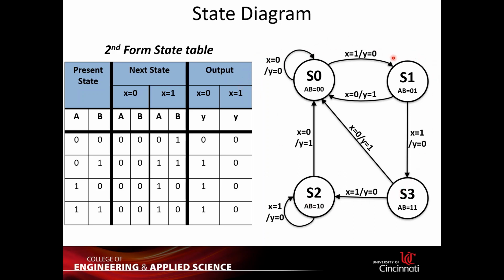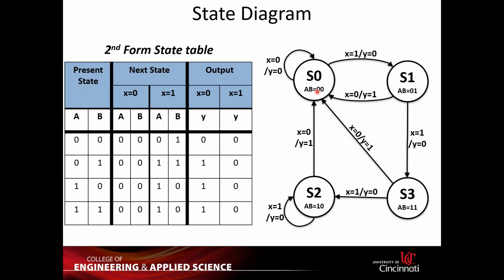First I want to talk about the state diagram, starting with the state bubbles. Because this state machine has 4 different states, it has 4 different state bubbles.